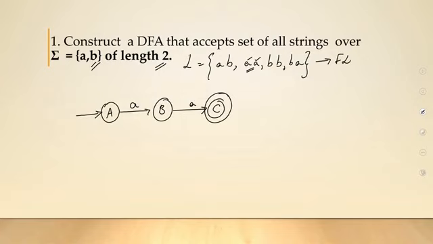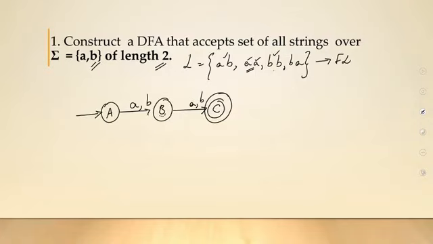Now let's go for my next string, AB. A, till here it is fine. Next I need a B, so I can write over here A comma B. So AB is also satisfied. Next I need BB, which is very simple: I can write an A comma B over here, and then my third string is satisfied.